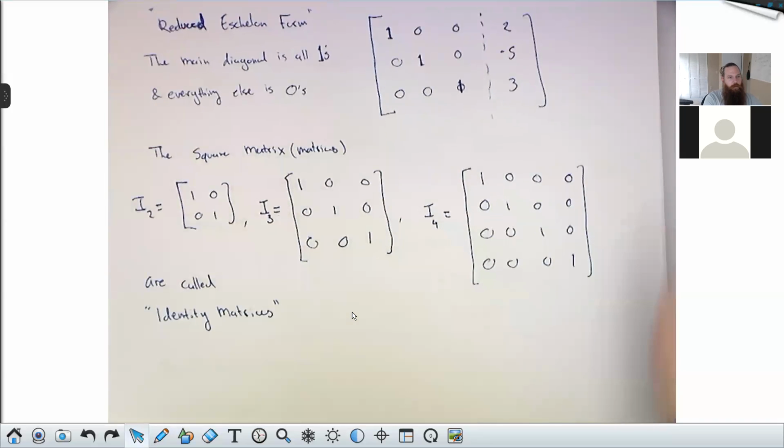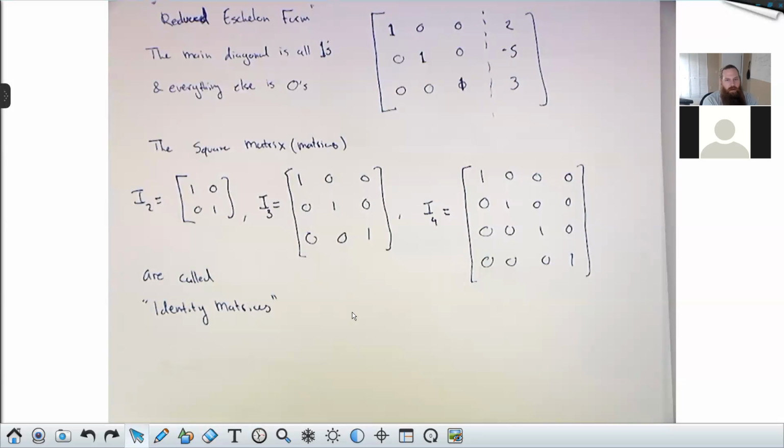Not having anything to do with trig identities, these are called identity matrices because if you multiply a 2x2 matrix by I2, you'll get the 2x2 matrix you started with back. If you multiply any matrix by the same size identity matrix, you will get the original matrix back.